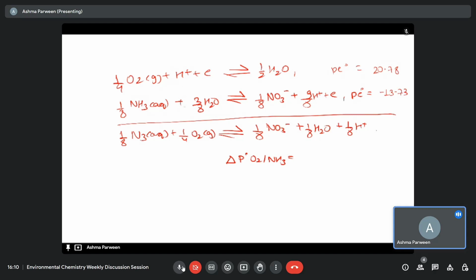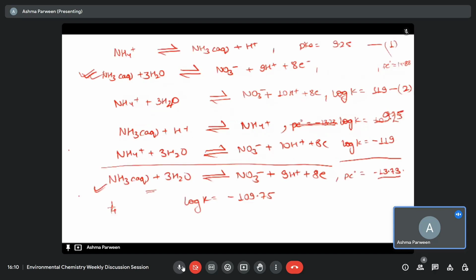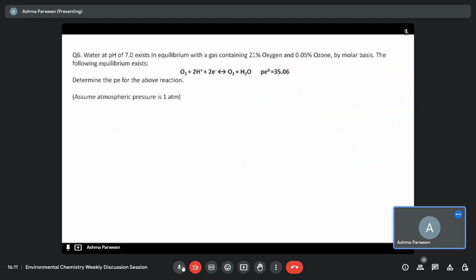We have just added these two reactions, so the pE naught values will also be added, that is 20.78 plus minus 13.73, so it will be 7.05. So directly we can take the values of pE naught from the table. So let's move to the next question.